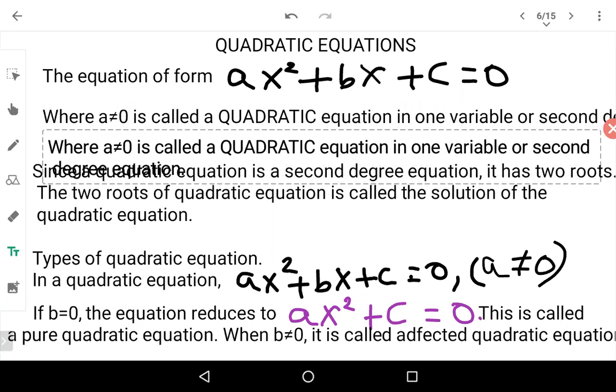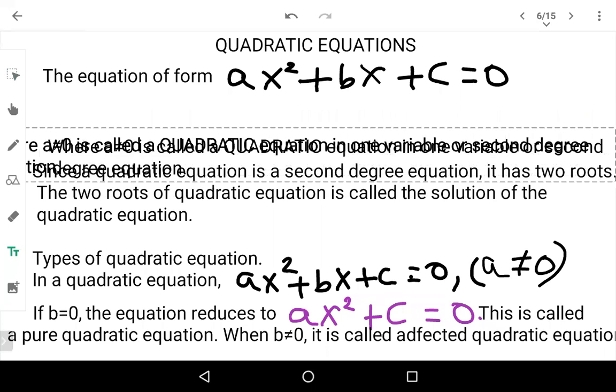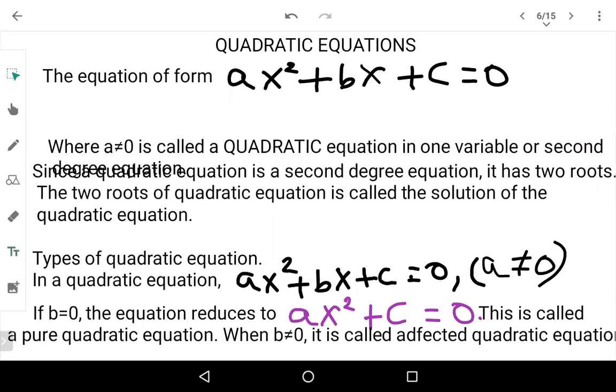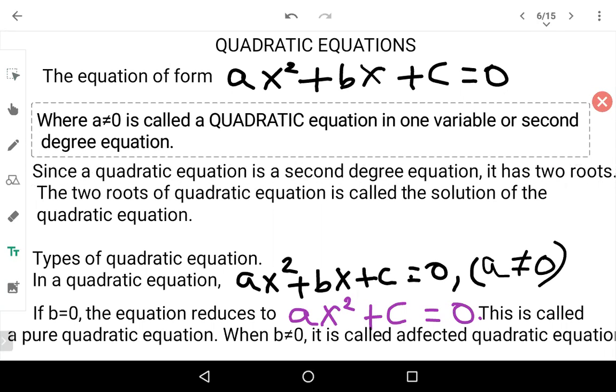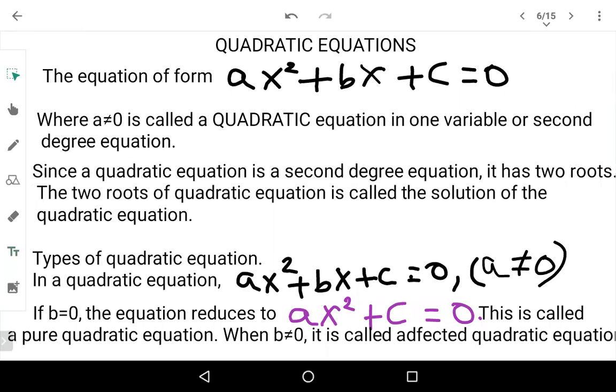Now why is it called a quadratic equation? Because 2 is the highest degree of the equation. If you observe here, you have x square. So this is the highest degree of the equation, and that is why this is called a quadratic equation.